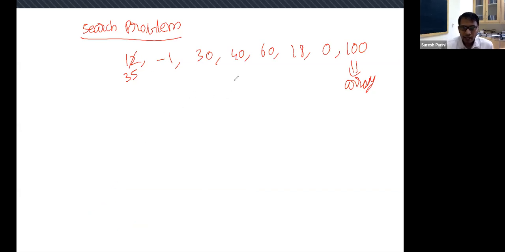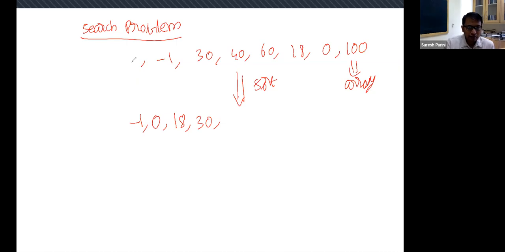If you transform this array into a sorted array, if you sort this array, then what do we have? So -1 is the first element, 0, and then 12.